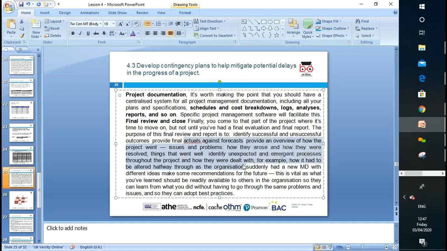Why the variance? Why were we supposed to finish in March and we're not finishing? We're supposed to complete 80% of the project but we have not completed it. Why have we not completed it? Is it due to corona or a number of other factors? If not, what will we do? We have 3 months left. We should finish in June. So we need to have a contingency plan in place.